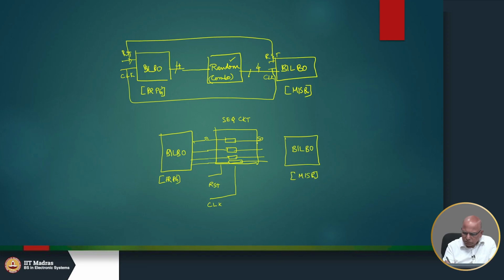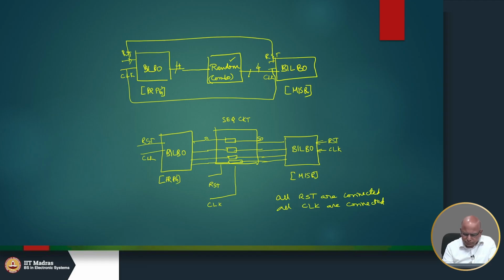I am assuming that the sequential circuit has 4 outputs. So, those will feed this BILBO. This also has a reset and a clock. All the resets are connected, and all clocks are connected. I am not going to show all that because it becomes very complicated.